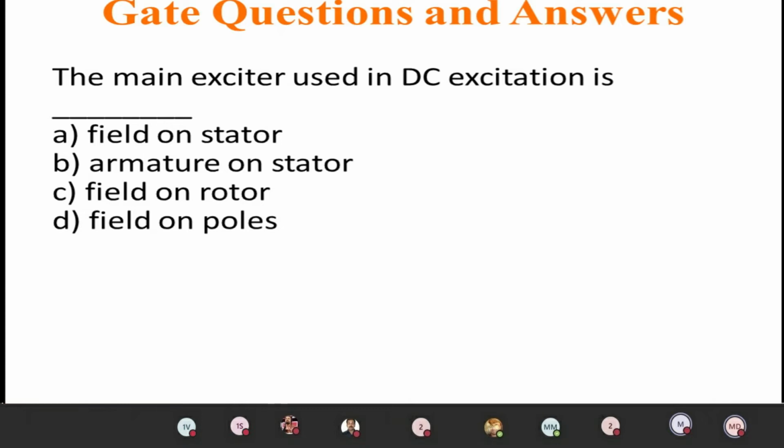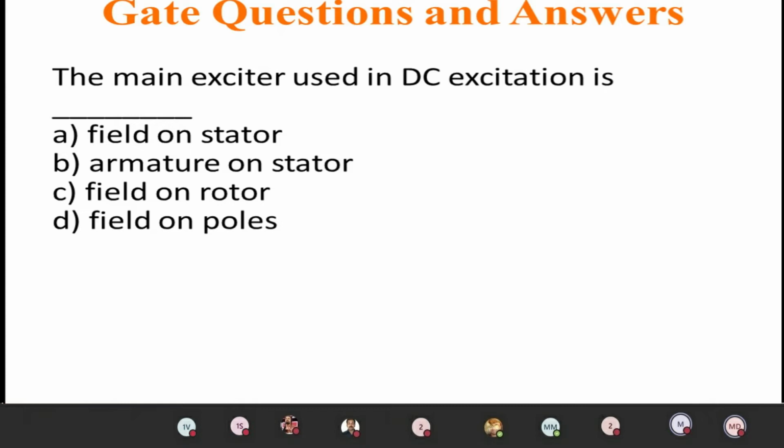Then we move to the next question. The main exciter used in DC excitation is: field on stator, armature on stator, field on rotor, field on poles.